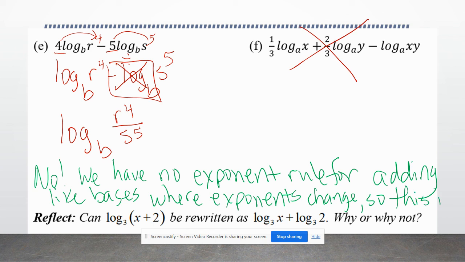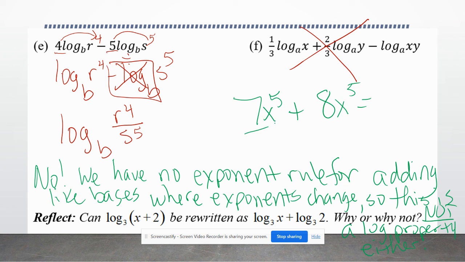So this is not a log property either. Meaning when we do like 7x to the fifth plus 8x to the fifth, we only add the 7 and the 8. We don't add the 5s and change it. So if the exponent isn't changing, then we have no property for that. And it can't be a log property either.